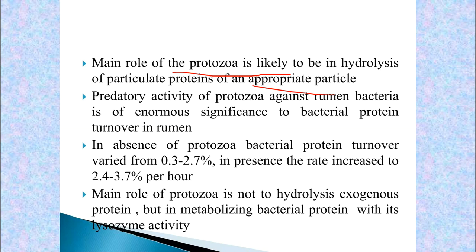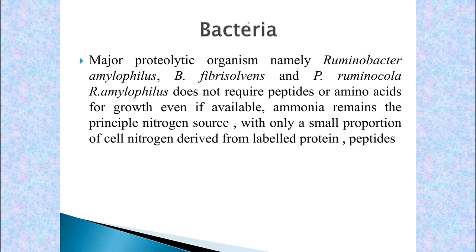Their activity against rumen bacteria is of enormous significance in bacterial turnover in the rumen. If the protozoa are absent, the bacterial protein turnover varies from 3% to 2.7%, so that is decreased. So the main role of protozoa is not to hydrolyze exogenous protein but to metabolize bacterial protein, which needs hydrolytic activity. Apart from this, different bacteria are also involved in the digestion of protein.